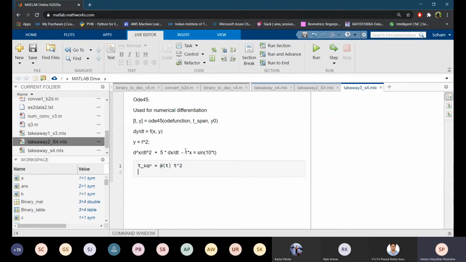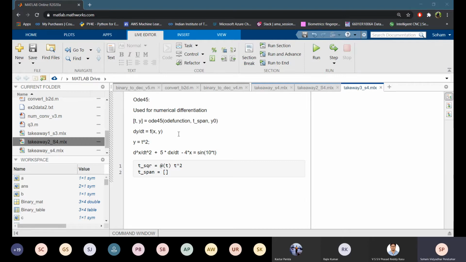Now I need to give tspan. tspan is a vector that specifies from which point to which point you want to solve the ODE. This numerical method does not use a theoretical or analytical approach, so it just solves within a particular interval.